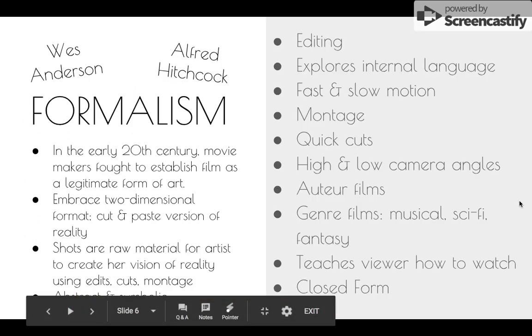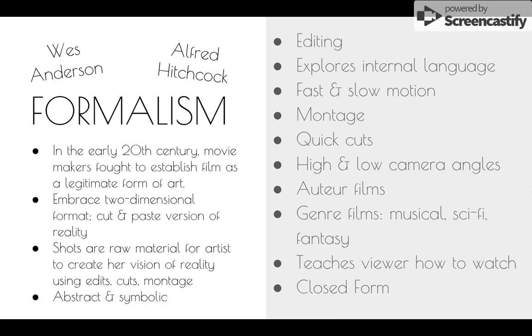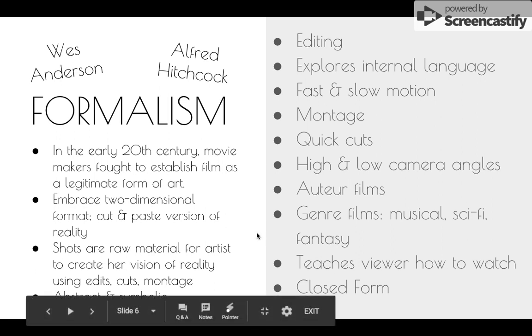All right, moving on to formalism. Formalism would cover any of the movies by Wes Anderson, any of the movies by Alfred Hitchcock, in which there's a massive amount of control over what the actors say, what the sets look like, and how the film is shot.